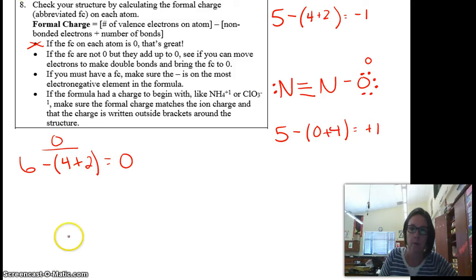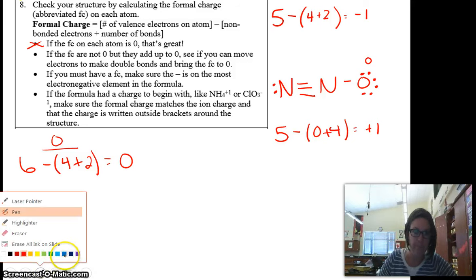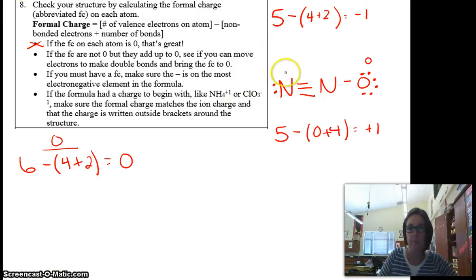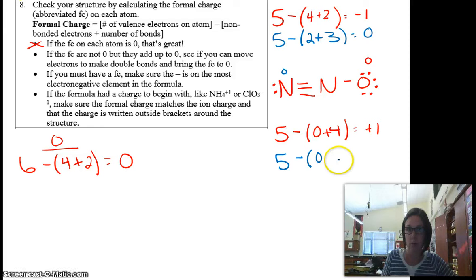So for take 2, this nitrogen has 5 valence electrons, 2 non-bonding, and 3 bonds. So 5 minus 5 is 0. That's an improvement. Let's try the middle one: 5 valence electrons minus no non-bonding electrons and 4 bonds.